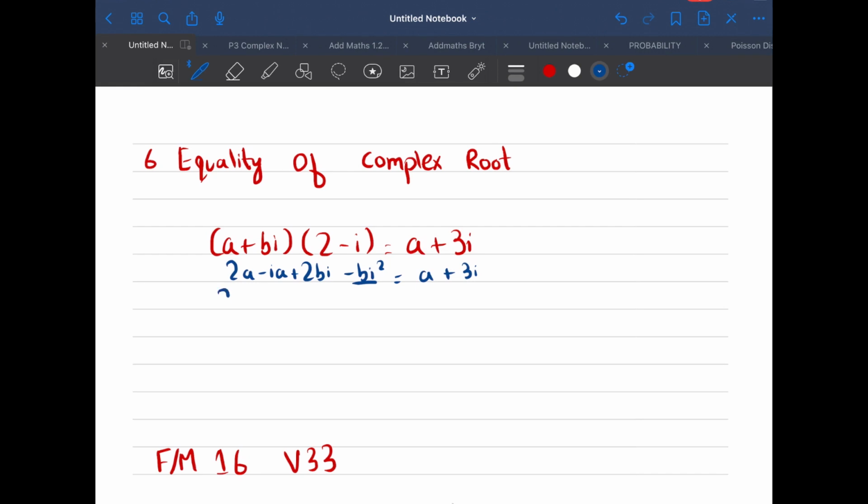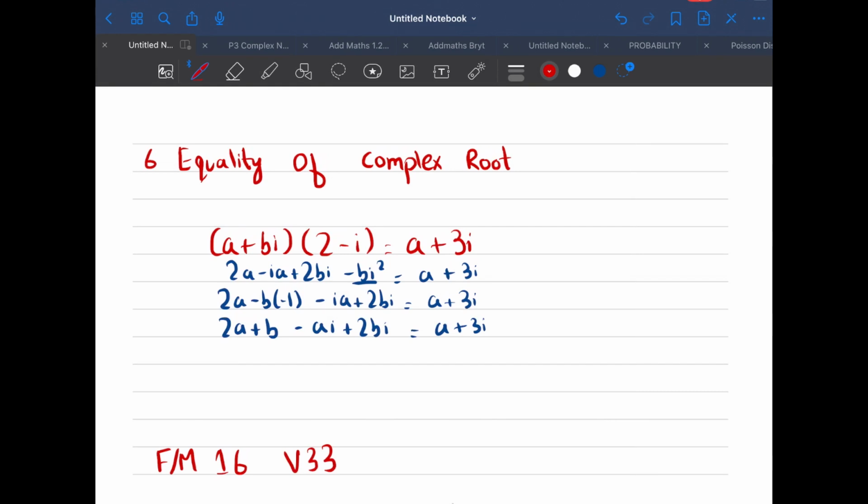So it's going to be 2a minus b minus 1 minus ia plus 2bi is equal to a plus 3i. Now, what's written without i? 2a plus b. And here it's minus a i plus 2b iota is equal to a plus 3i.